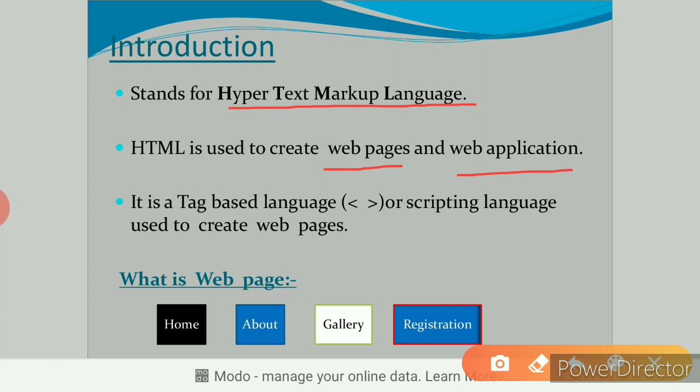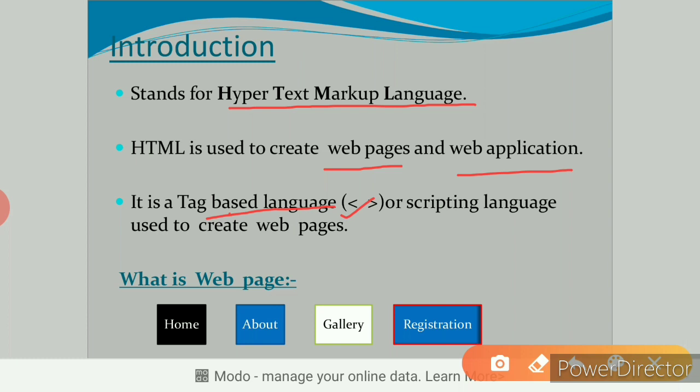It is a tag-based language or scripting language used to create web pages. Why are we saying it is a tag-based language? It means we must write our code between two angle brackets. This is called a tag. That's the reason we are saying it is a tag-based language.